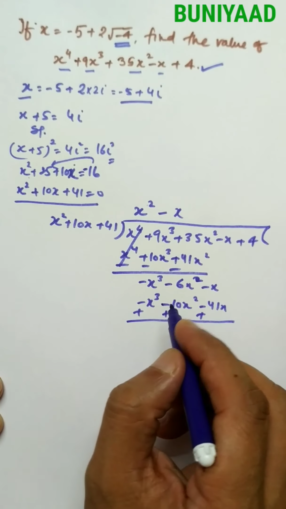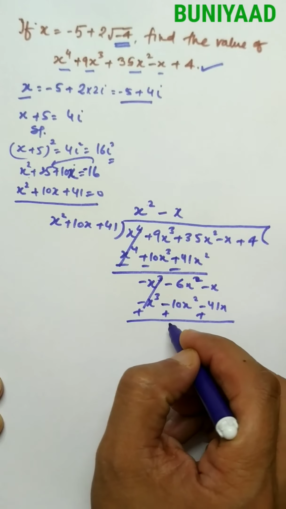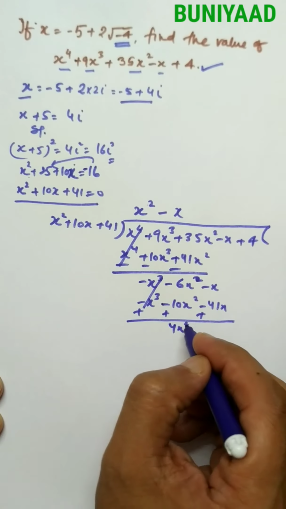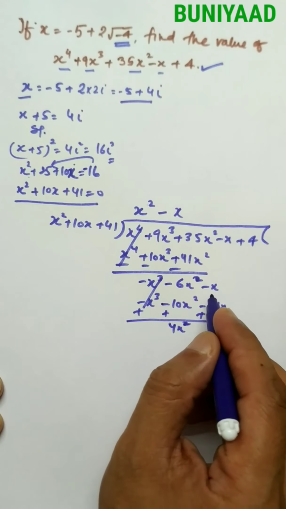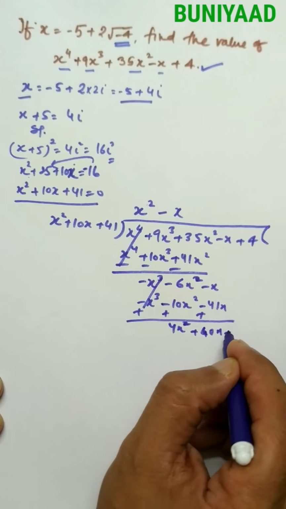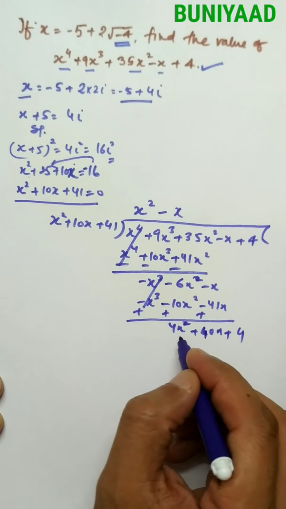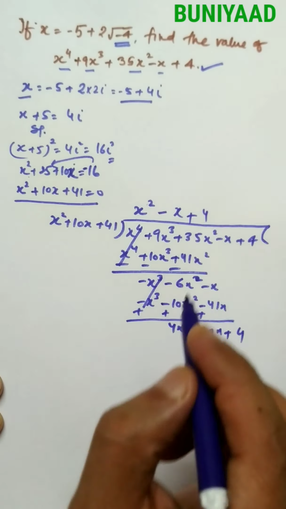Change the sign again, these two got cancelled. Minus 6 plus 10 is 4x square, 41 minus this is 40x, plus 4. Now this is 40x, this is 4, so this is plus 4.